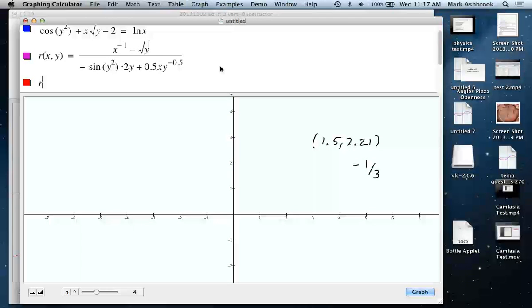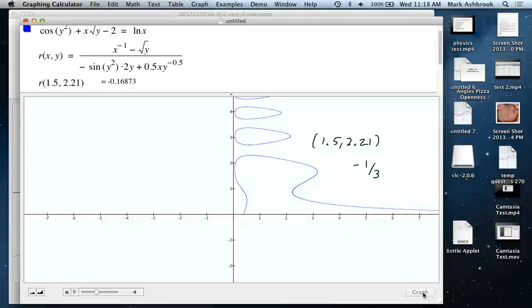We just do the rate at 1.5, 2.21. He said negative 0.33, it was negative 0.17. That's a decent estimate.